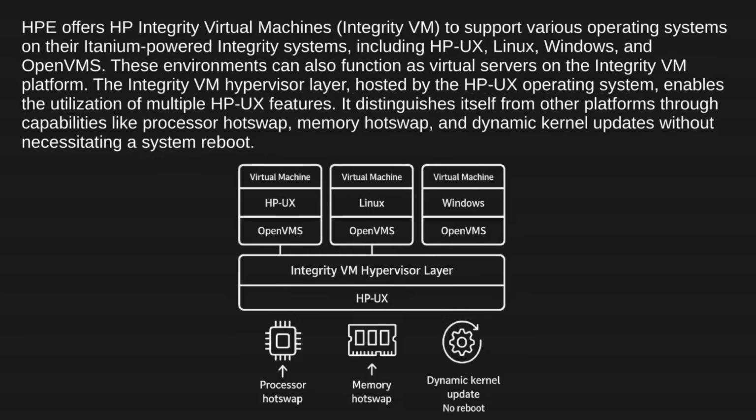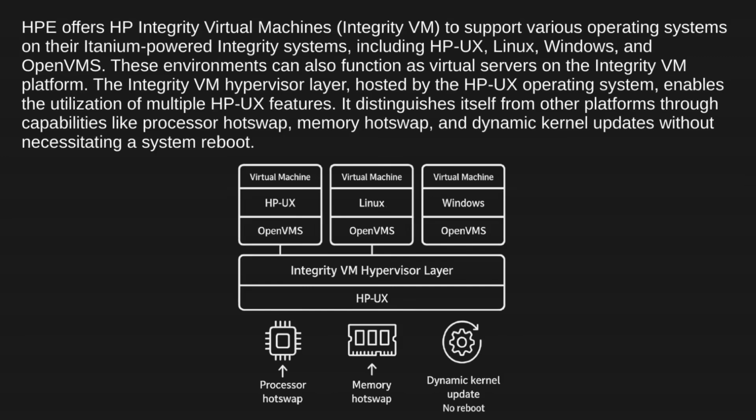HPE offers HP Integrity Virtual Machines, Integrity VM, to support various operating systems on their Itanium-powered Integrity systems, including HP-UX, Linux, Windows, and OpenVMS. These environments can also function as virtual servers on the Integrity VM platform. The Integrity VM hypervisor layer, hosted by the HP-UX operating system, enables the utilization of multiple HP-UX features.